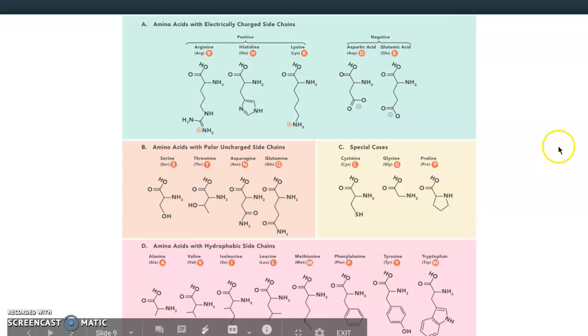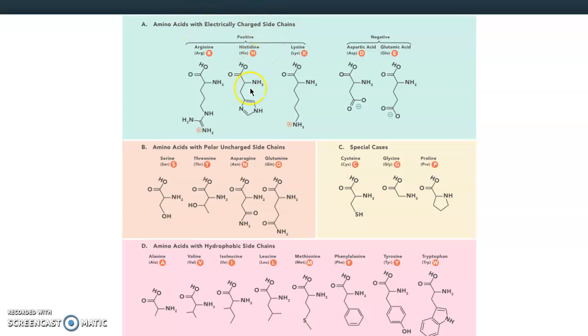We can see that they are grouped in this table by R groups that are electrically charged side chains. So if there's a positive charge in them, positive, I don't see a charge in this one, but I'm sure there's a lot of partial charges. These are full charges. I'm sure there's partial charges in here for this positive, and then our negative charges.